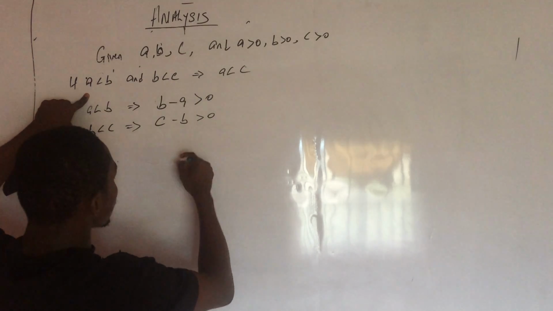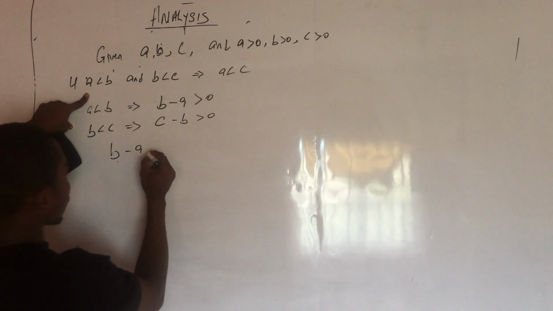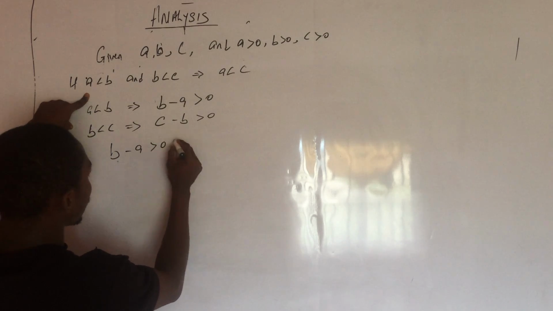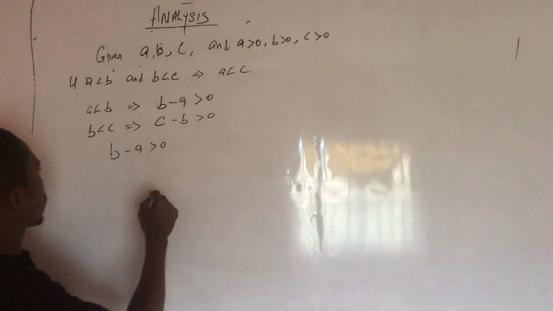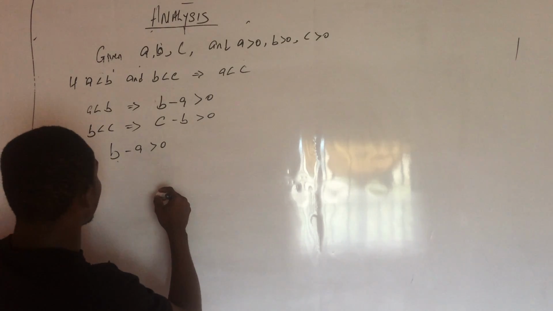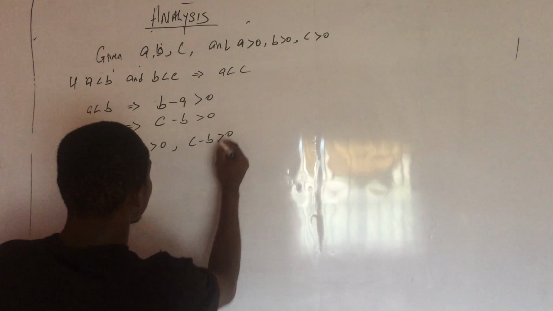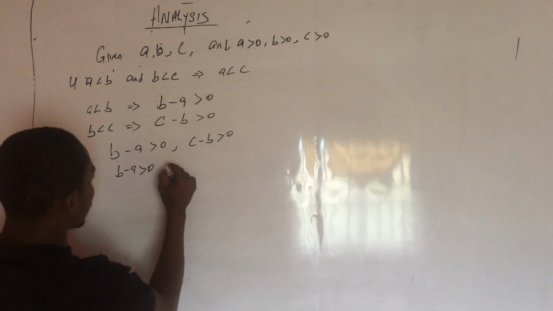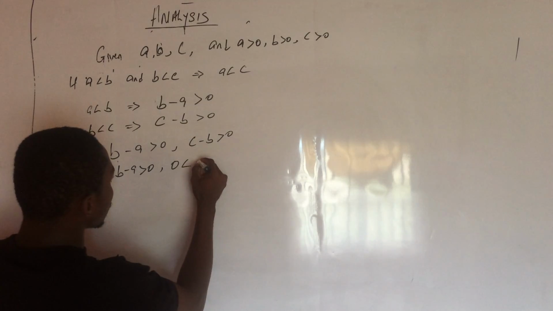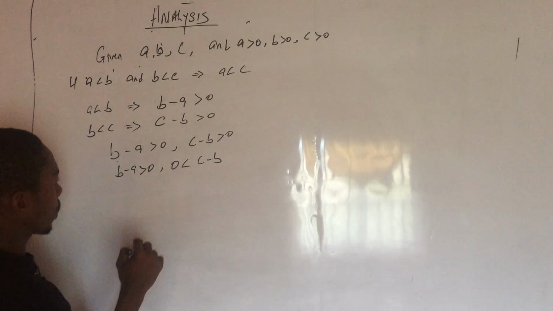So what are we going to have? B minus A is greater than 0, and then C minus B is also greater than 0. So now this simply means that B minus A is greater than 0 and 0 is also less than C minus B. True or false?